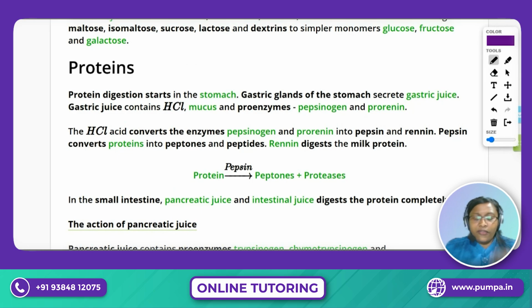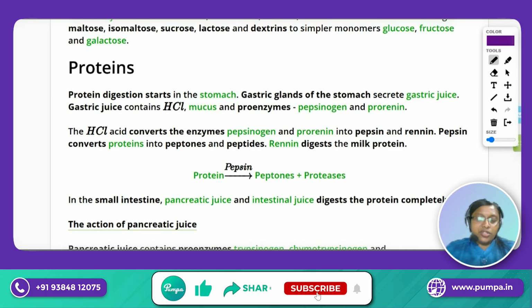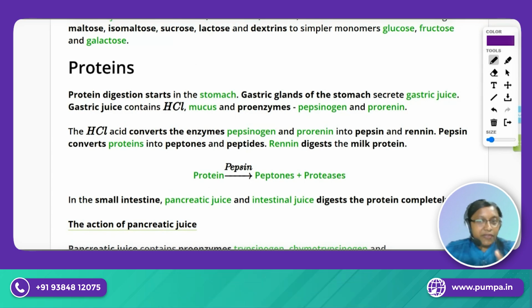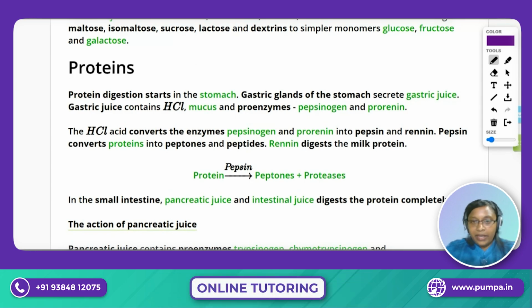And for the vegetarian, pulses, very good, Pratika. The pulses, and seeds, nuts. They will have protein in them, and so we will be consuming this. If your mother is preparing idli, and there will be sambar, right? Sambar is made from dal, and dal is made up of protein. We are consuming a protein.